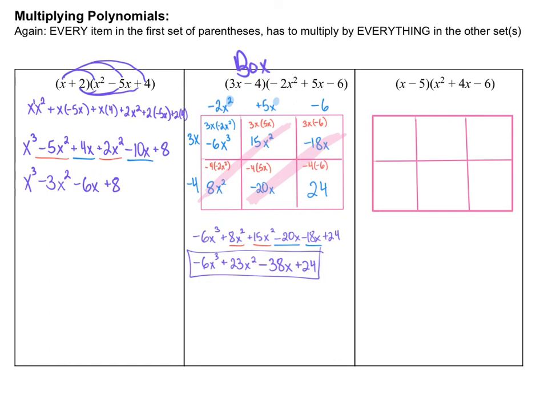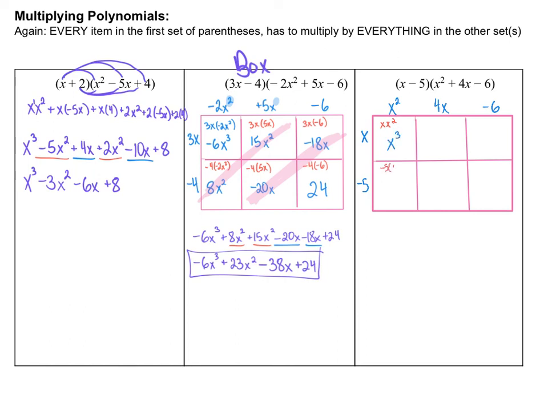All right, so let's try another one. x minus 5 times x squared plus 4x minus 6. So on the left side, x and the minus 5, and on the top, x squared, 4x, negative 6. All right, x times x squared gives us x cubed.